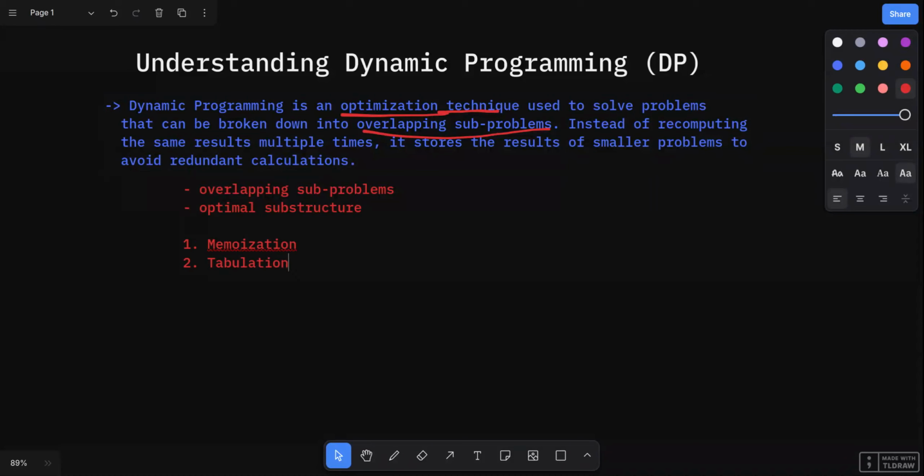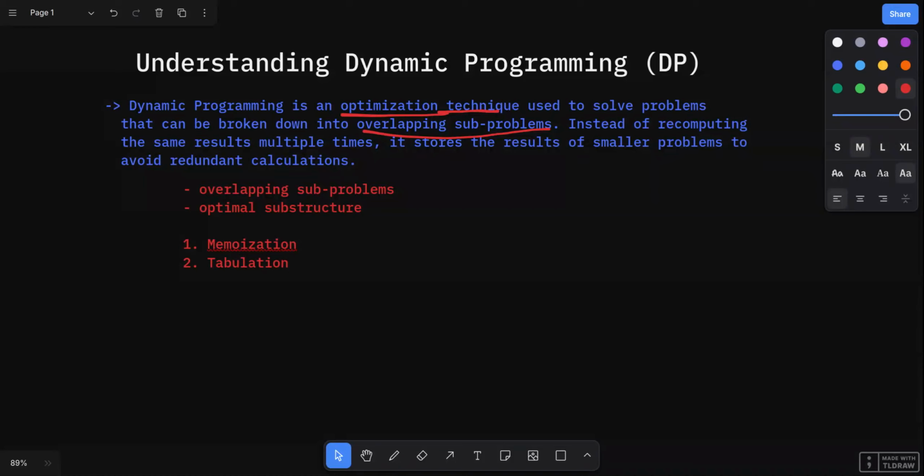Memoization is a top-down approach where you start with the main problem, then break it down into smaller subproblems recursively. And if a subproblem has already been solved, you retrieve the result from a cache or memory instead of recomputing it. We're going to look at it in more detail in the next video.